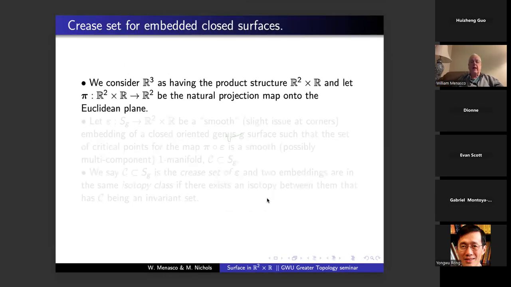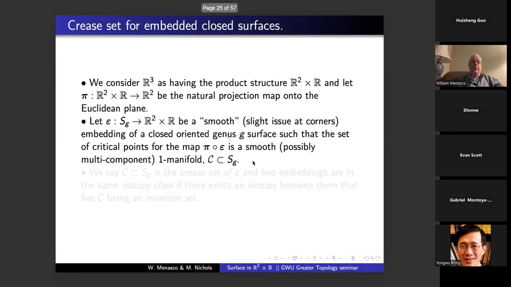Again, I want to give R3 some structure, and the structure I want to give it is R2 cross R, because I want a natural direction on which we're going to project, onto the Euclidean plane.